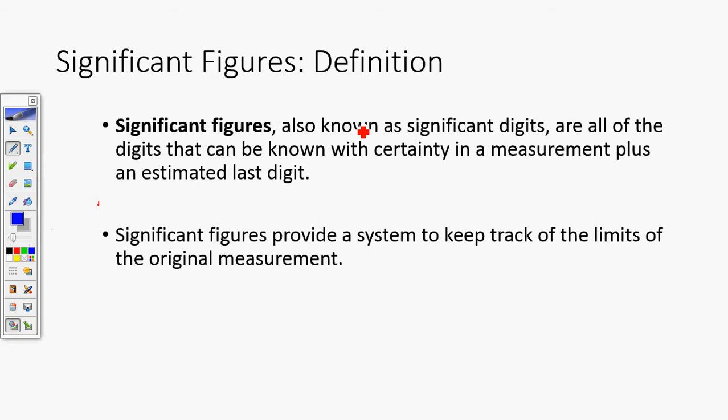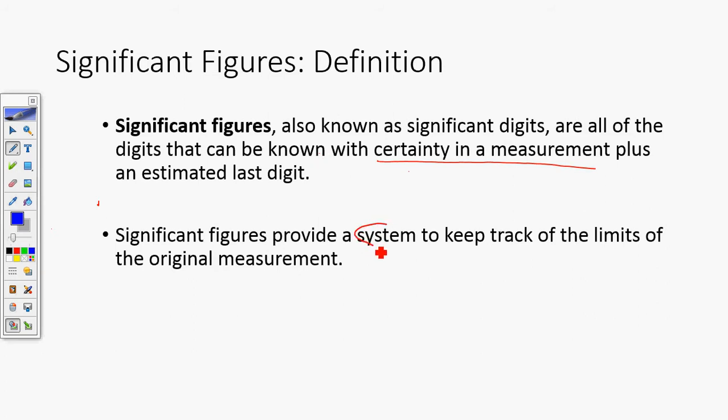They're also known as significant digits, and they are all of the digits that can be known with certainty in a measurement. So for example, the precision of the instrument that I was using allowed me to know that, plus an estimated last digit. We'll talk about that some more as we learn how to read a meniscus, for example, on a graduated cylinder. Significant figures provide a system to keep track of the limits of the original measurement.